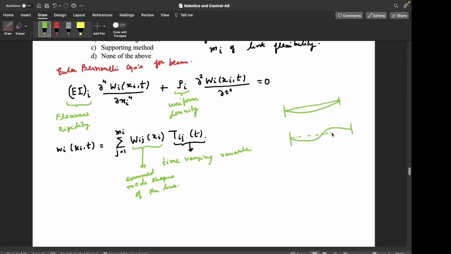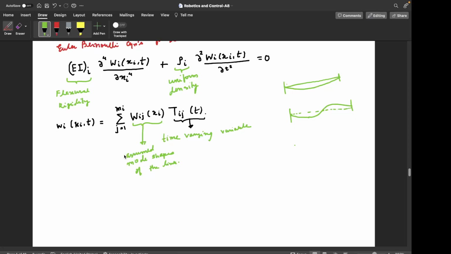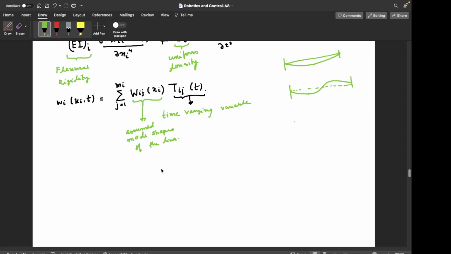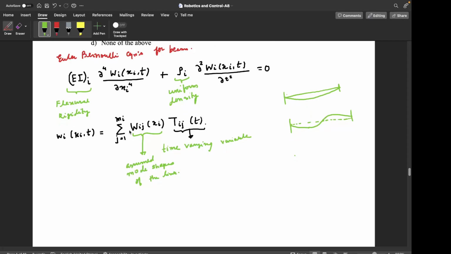These different kinds of actual shapes of deflection are called mode shapes. So roughly what we are trying to do is compute the deflection by summing up different mode shapes, multiplying them with certain coefficients and adding them up to figure out the actual deflection of the flexible links. And for solving these equations we need some boundary conditions, right?